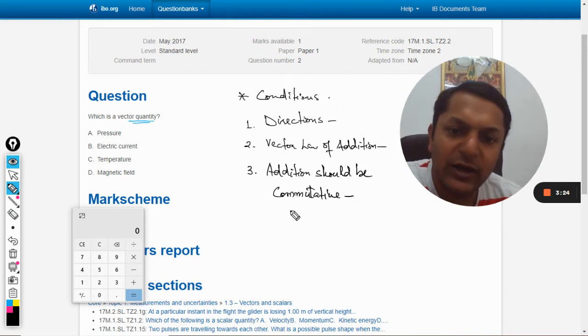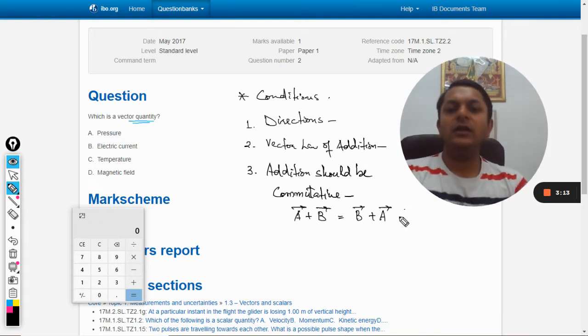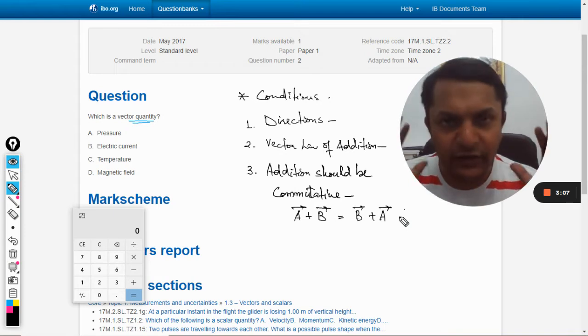By commutative we mean that a vector plus b vector should be equal to b vector plus a vector. So if these three conditions are fulfilled, the physical quantity will be taken as a vector quantity.